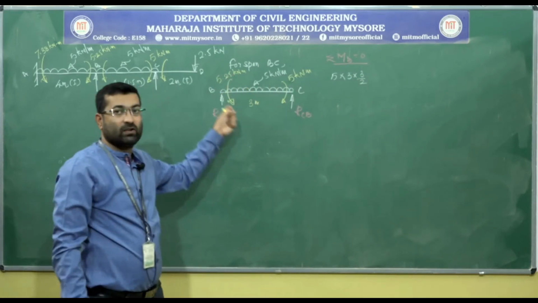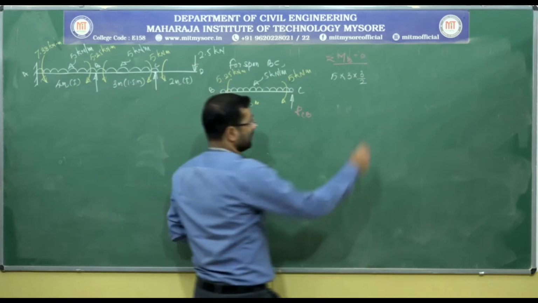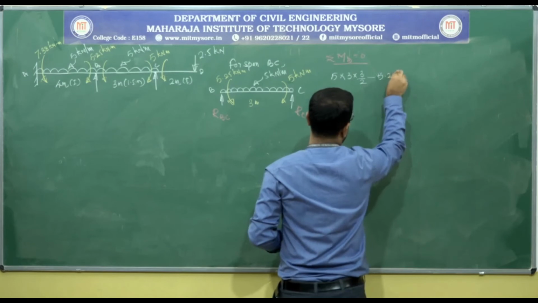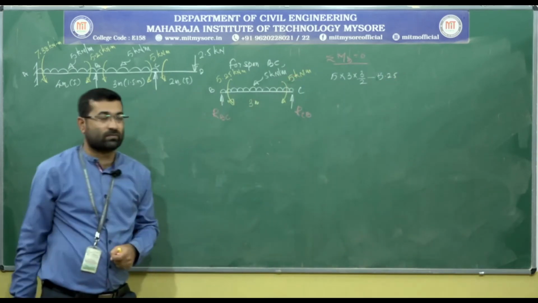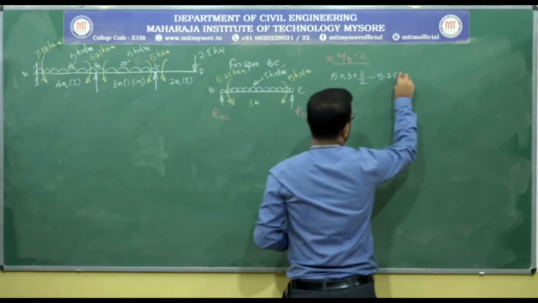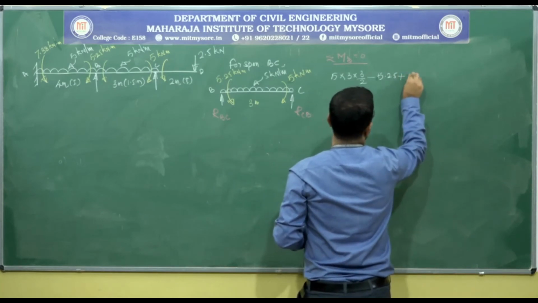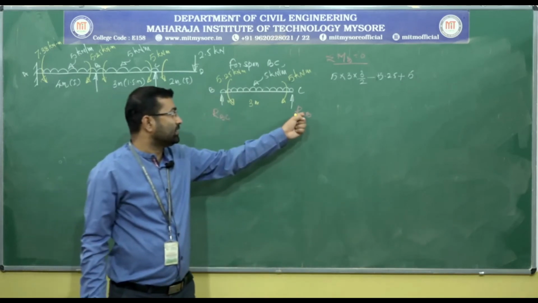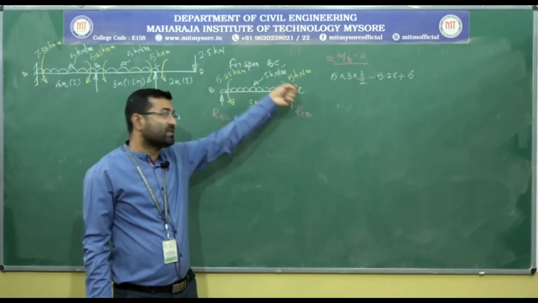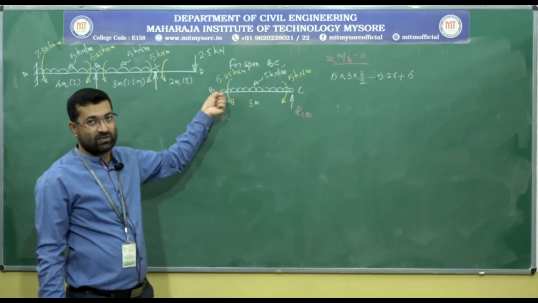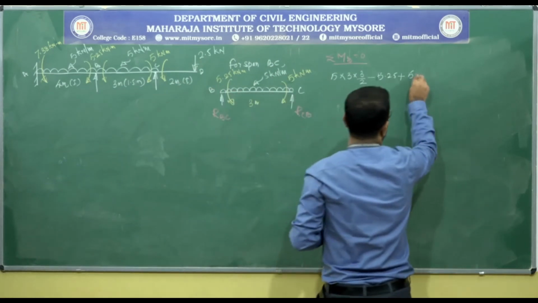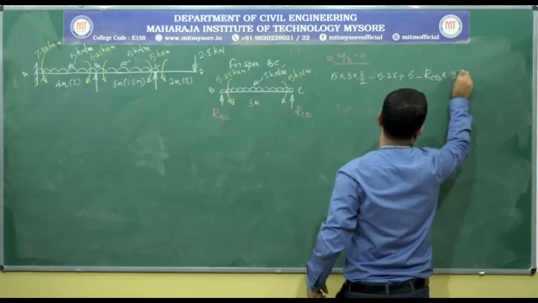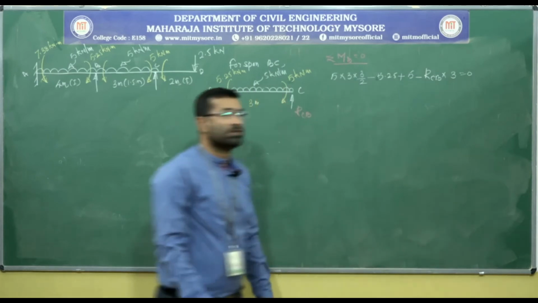So it is 5 into 3 into acting at a distance of 3/2. Then we have a negative moment, that is minus 5.25. So I will write that as it is, 5.25. Then we have a clockwise moment on the right side. So it is plus 5 kilonewton meter. Apart from this, the reaction at C, that is RCB, is creating an anticlockwise moment about C. So that is minus RCB into its perpendicular distance 3, equating it to 0.